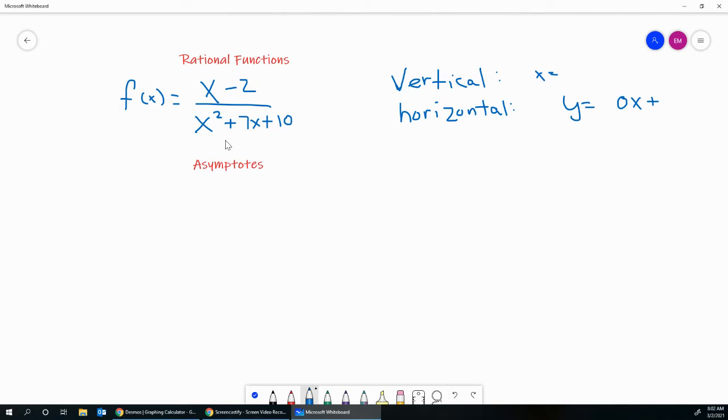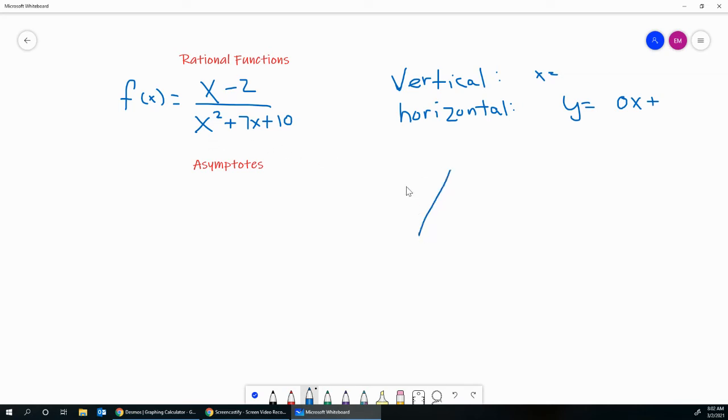Now, just because you find a number that makes the denominator go to 0 does not instantly make it an asymptote. That's why we're going to graph it. Later on, there are ways to algebraically figure out if it's an asymptote or not. But in our class, once we find the possible vertical asymptotes, we graph them to determine whether they are or they're not. And I'll show you an example of each one.